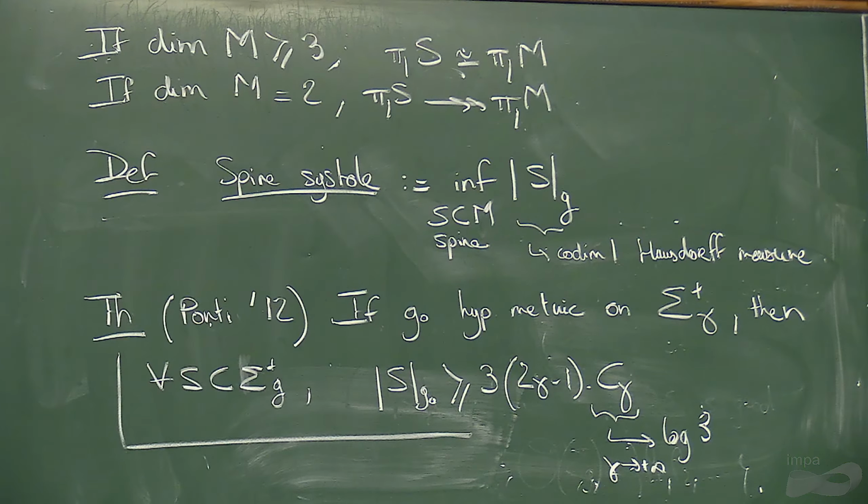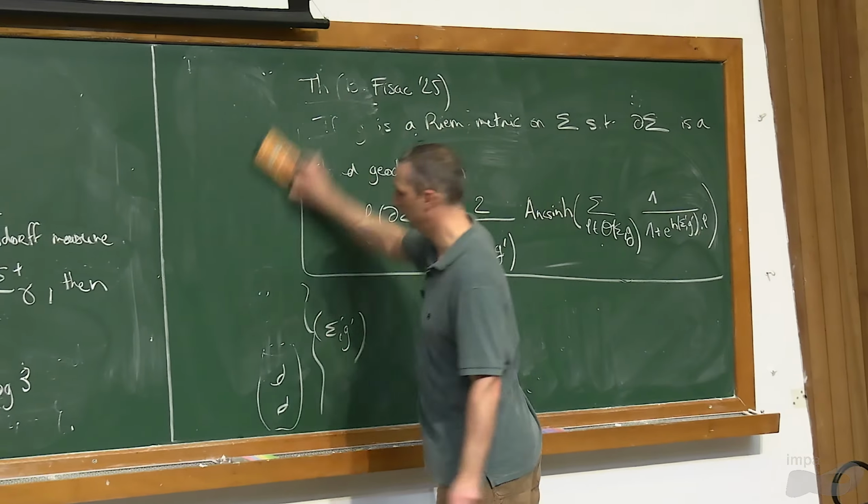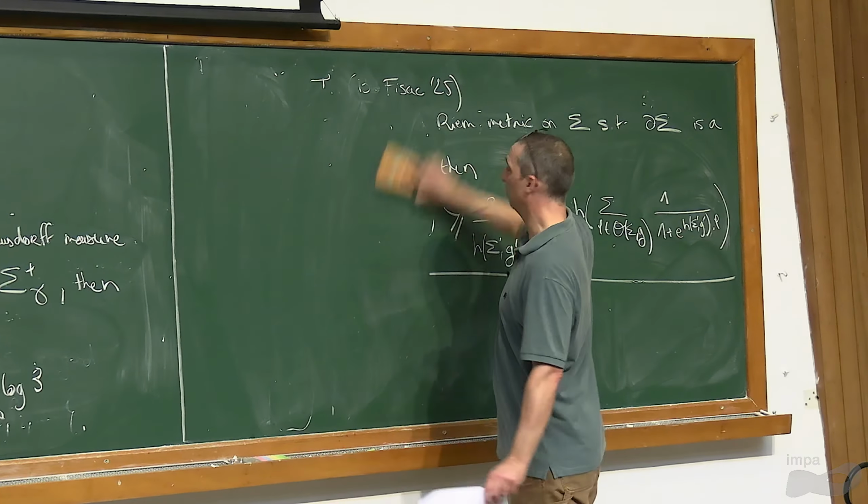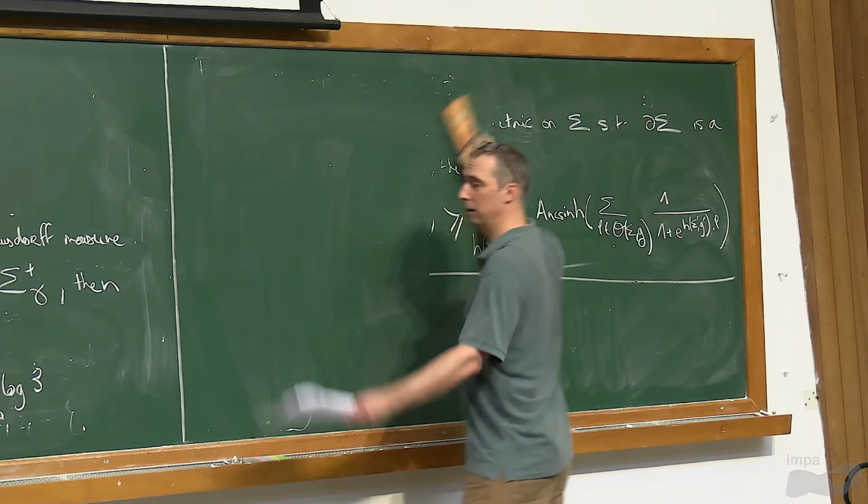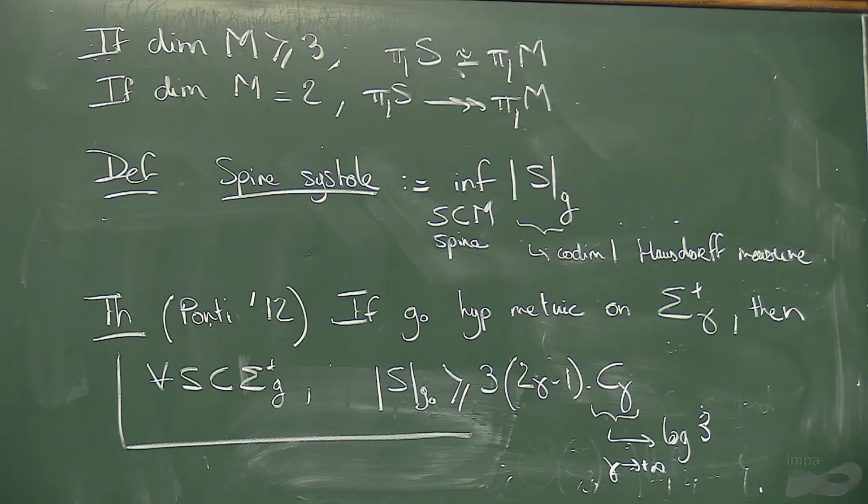So when I explained all these results to Joan Porti, he asked me whether we can get a generalization of this result for higher dimensions. And so I will finish with two theorems, which say that indeed you can generalize it.